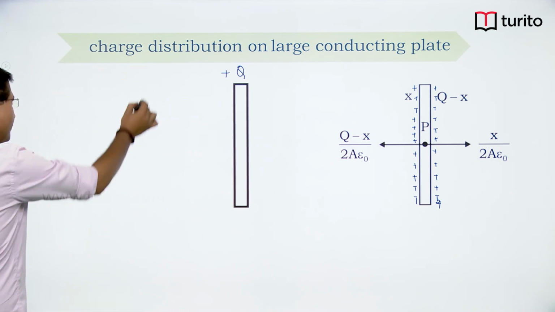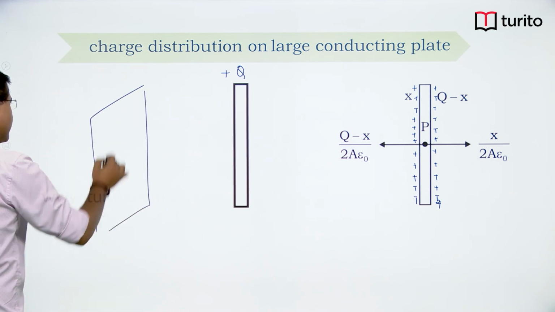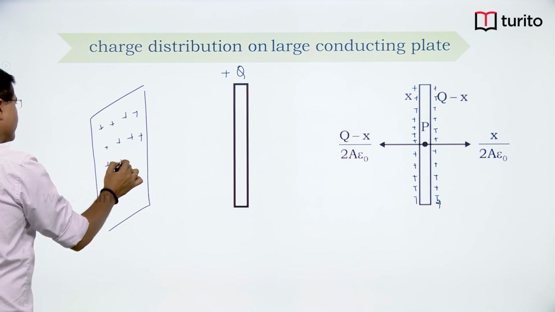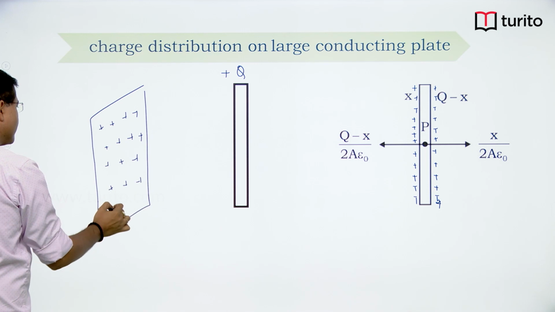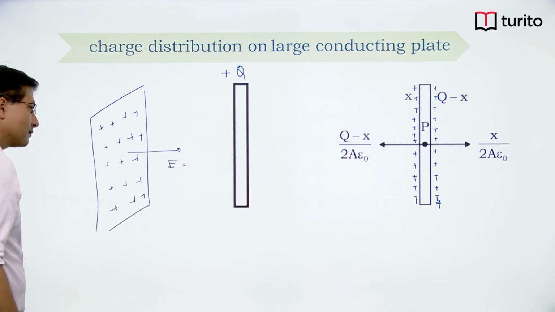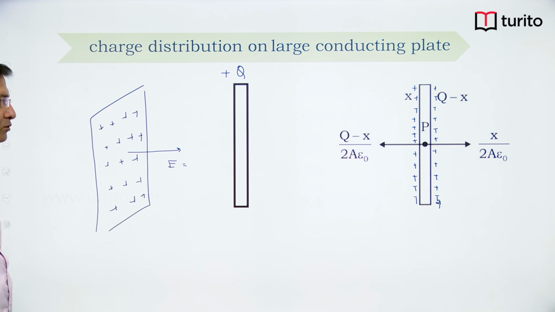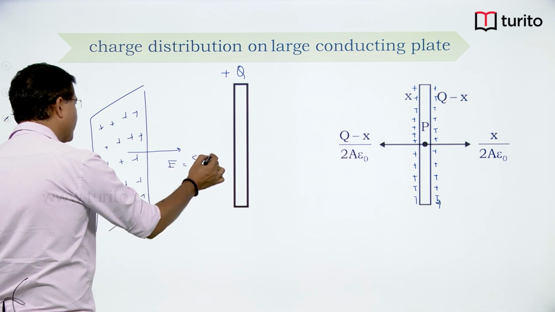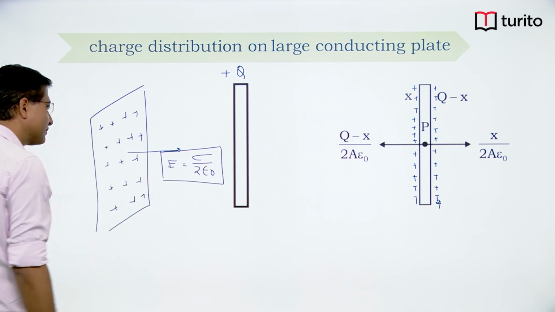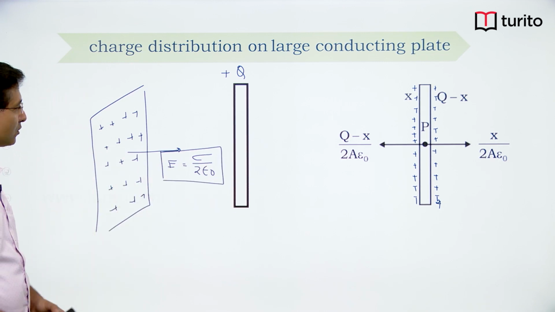And if you remember, because of an infinite sheet, the field we got at this particular point was sigma upon 2 epsilon naught. Electric field will derive this result that I am going to use.